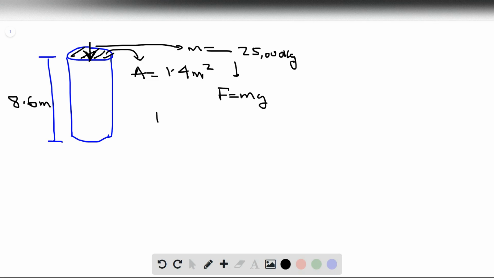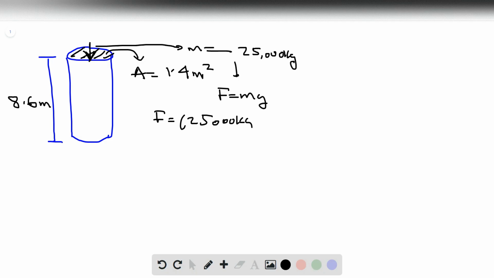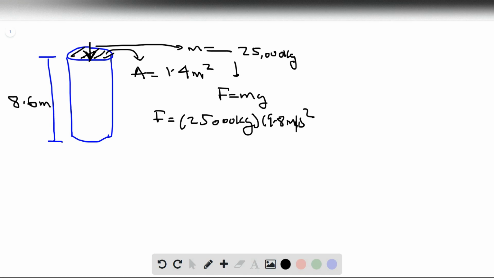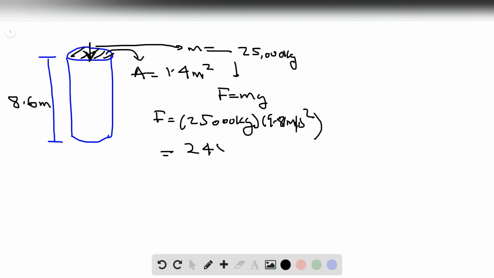Remember, g is the acceleration due to gravity. So we take that 25,000 kilograms and multiply it by 9.8 meters per second squared, 9.81 to be precise. And that gives us 245,250 newtons. That's the force being applied.